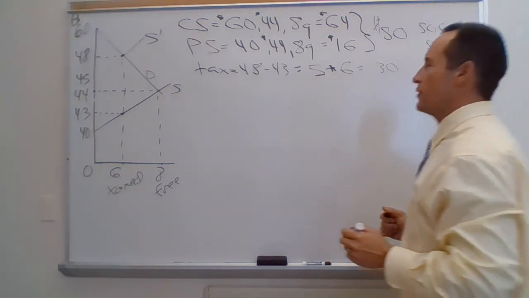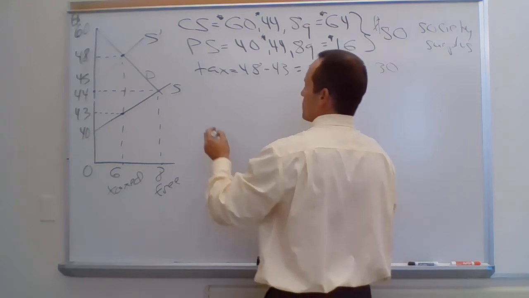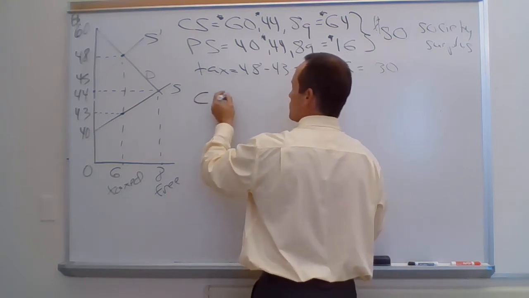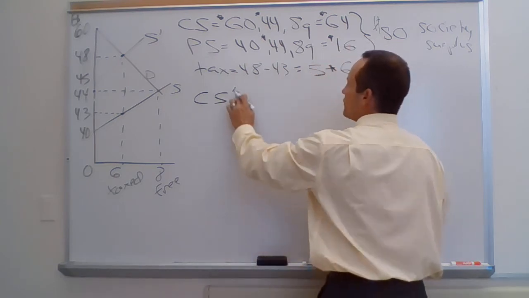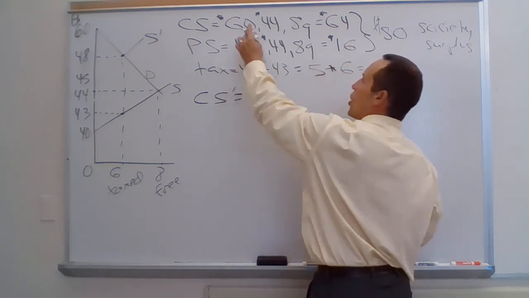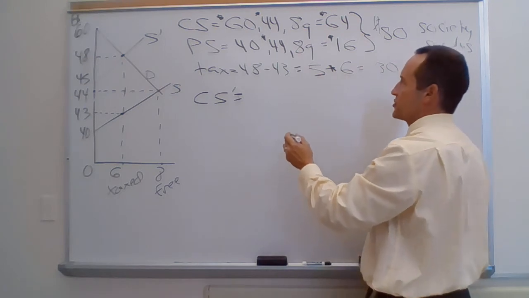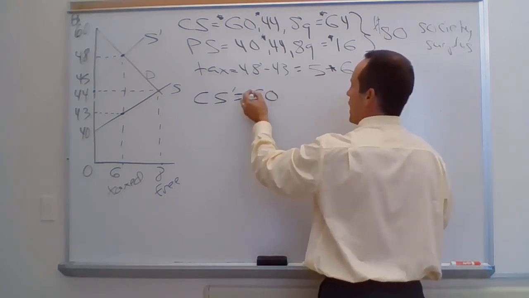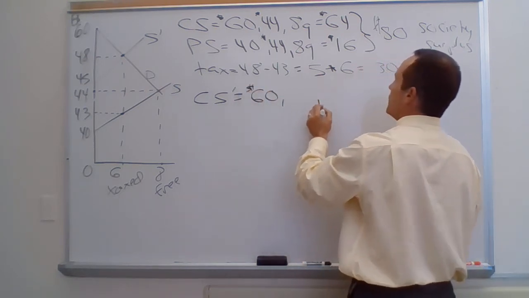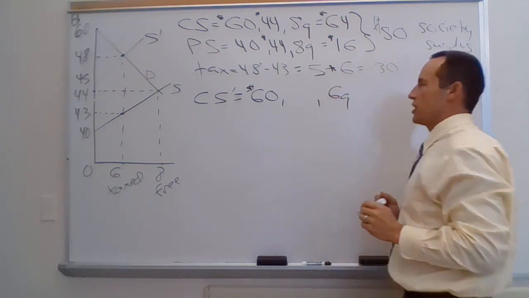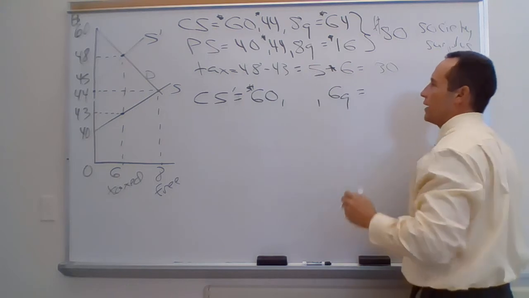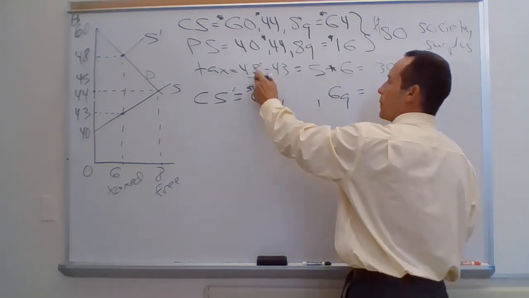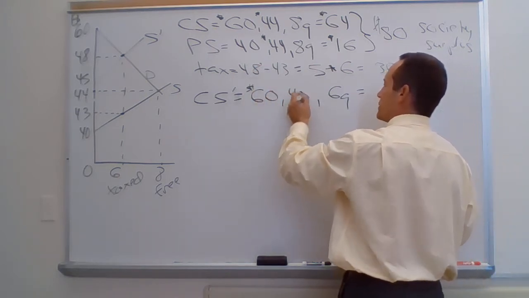Now let's take a look at the new consumer surplus. So the new consumer surplus is consumer surplus prime. We still have a $60 choke price. As I just mentioned, now only 6 units are changing hands with the tax being applied, and demanders are paying 48.